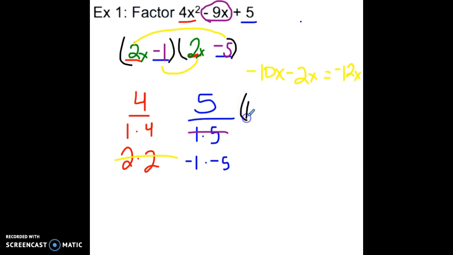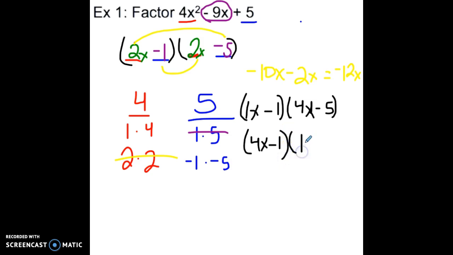We can either have 1x minus 1 times 4x minus 5, or we can have it switched around where it's 4x minus 1 and 1x minus 5.